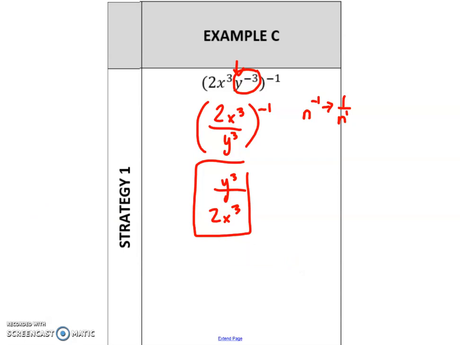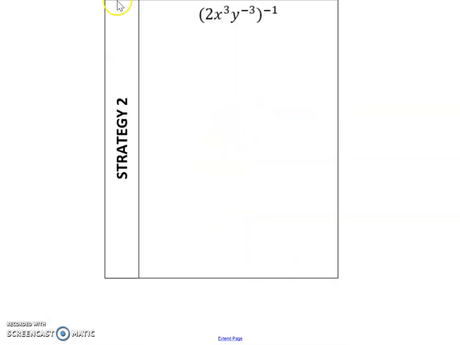Was that confusing? Let's look at another way, okay? All right, if we have power of a power, remember that tells me I multiply this power times all of the exponents. Remember 2 is raised to the power of 1, okay? Always remember everything has an exponent even if you don't see it, okay?